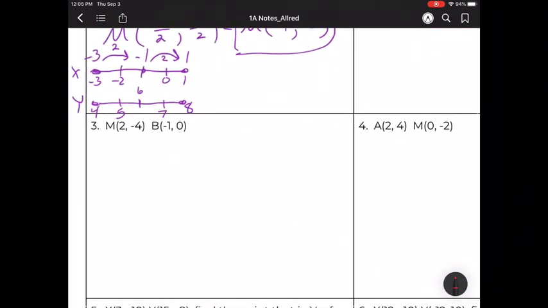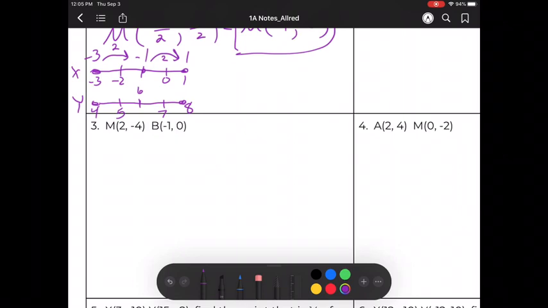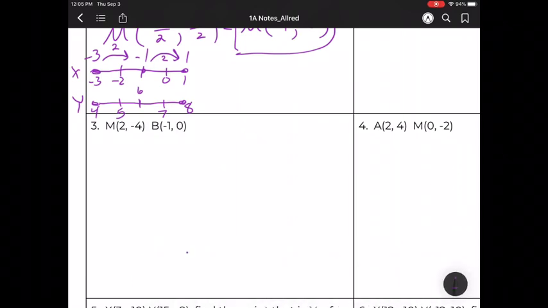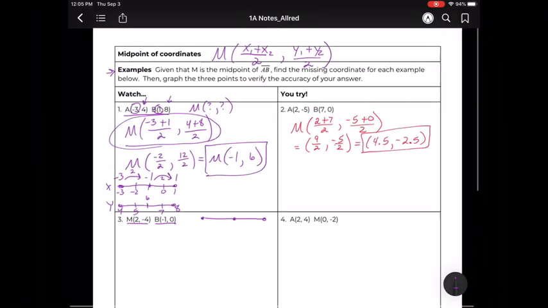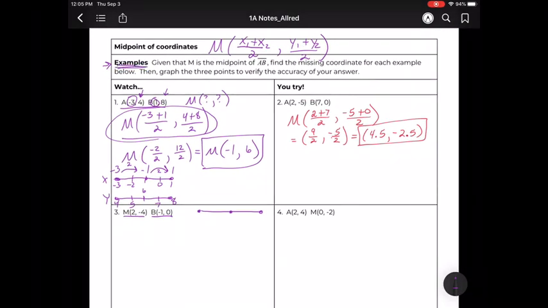Now this time, I want you to pay attention to what they're telling you on number 3. On number 3, they give you the midpoint and one endpoint. So it actually helps to see this in terms of a number line. In the original directions, in the examples up here, you're told that M is the midpoint of AB.